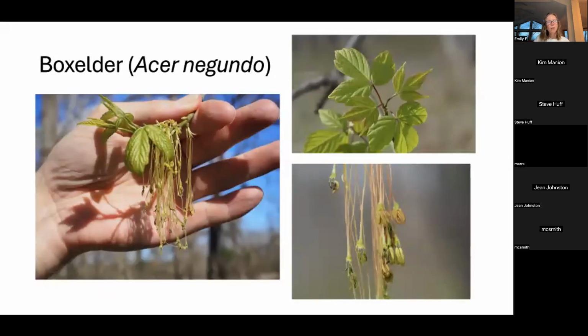While we're down by the water, here is box elder. This is our maple that has a compound leaf, which is really cool, I think. And this tree is going to be dioecious. So we have male pedicels here, these long drooping stems are called pedicels.